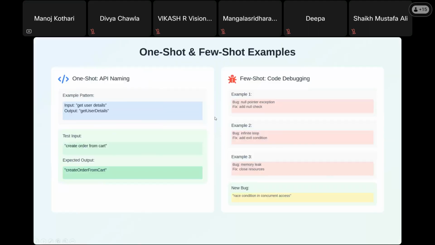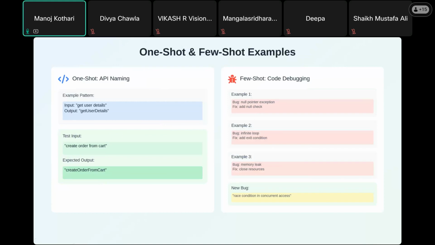So when I'm saying that I'm getting a bug in my code, I have given an example of my code, and then I have instructed AI that there is a bug in it, which is a null pointer exception. If I'm not saying that there is a bug, then AI will fix it for anything.